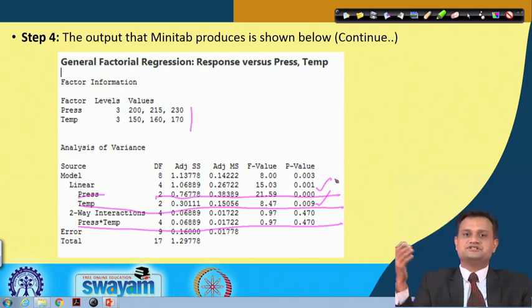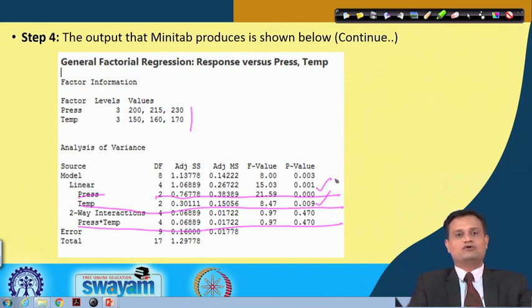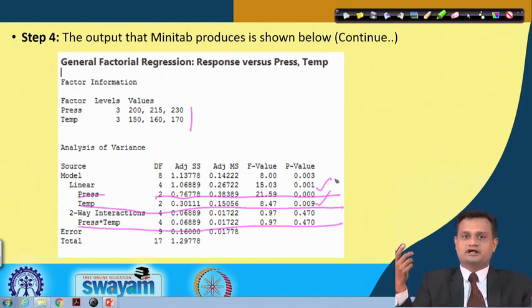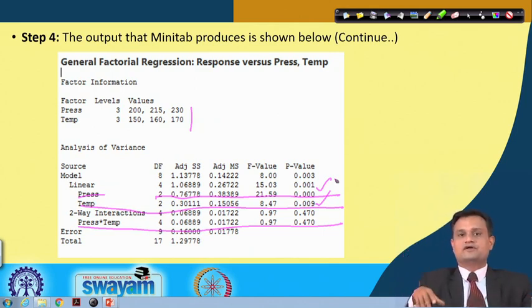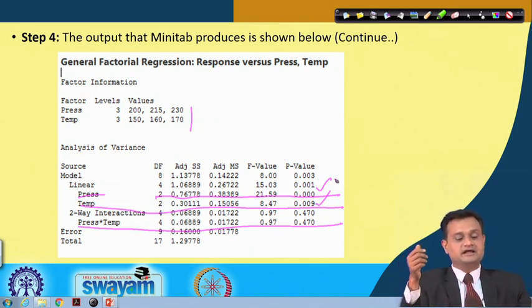So I will reject the null hypothesis at a given level of significance, and I would say that my assumption that pressure and temperature are not significant or do not have any effect is not correct. The main effects, they are important, they have the impact on the particular response which is considered here.